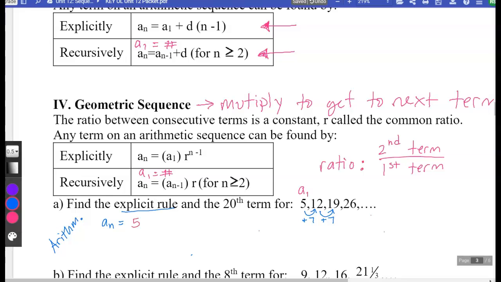Plus, what's our common difference, our d? What's our d value? 7. Good. Times n minus 1.